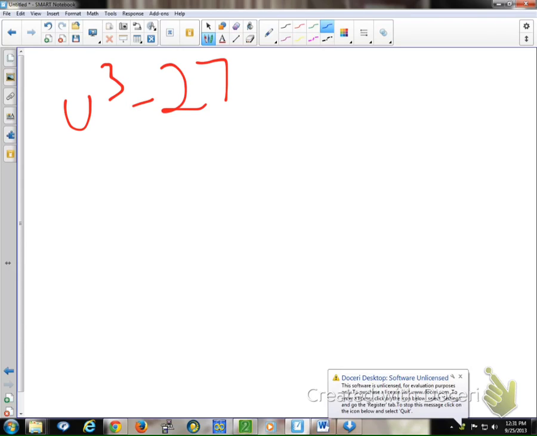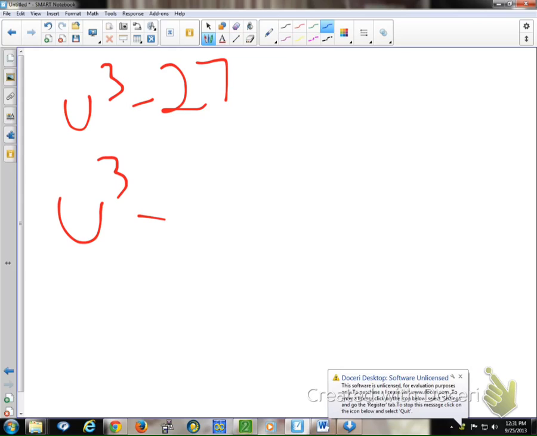See if it's a perfect square or cube. First off, is it a quadratic? No. Is it a perfect square or cube? Yes, it is. So, what is the cube root of 27?